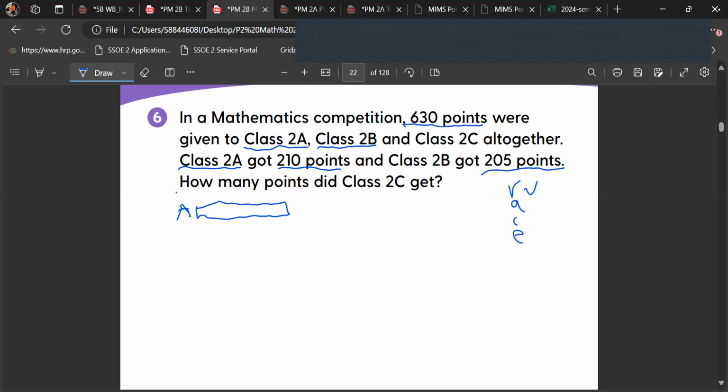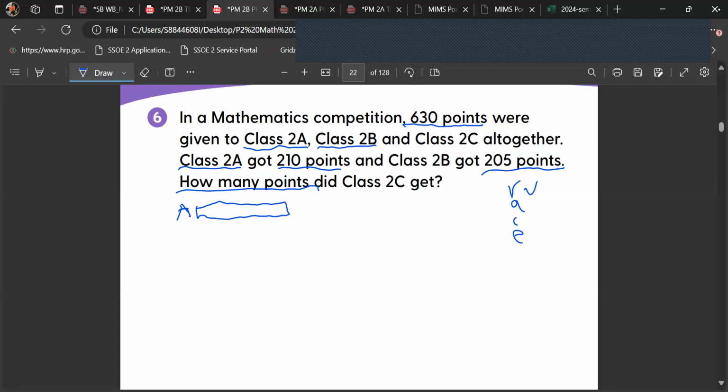Yeah, you need to explain. So there are 630 points, and then there are 3 classes. And then this clue means that each class has a different number. Then 630 is what? 630 is all together.